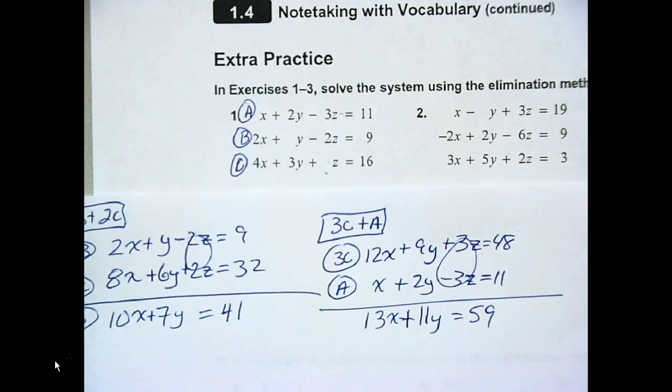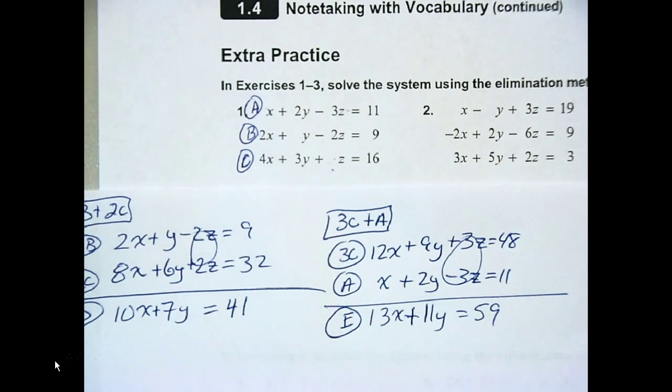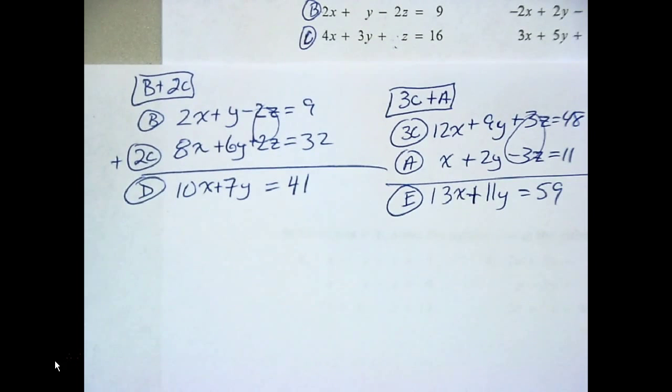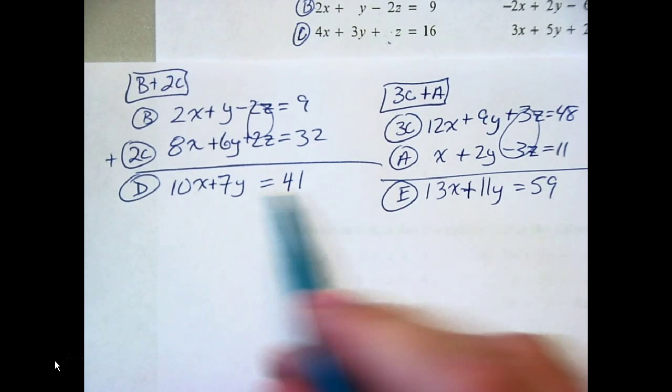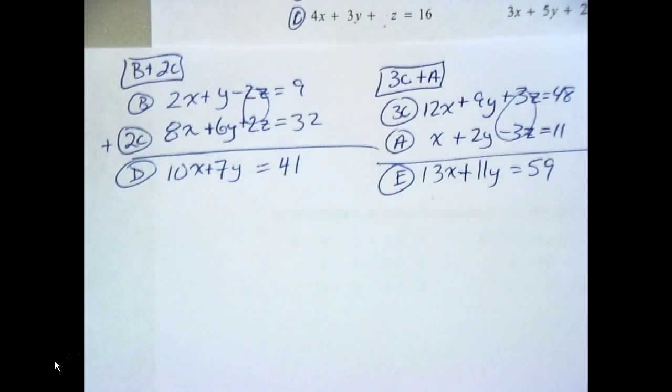Once again, those are pretty ugly, man. This is E. You now have to eliminate something from D and E. What do you want to eliminate? How about x? You at least have a 10 there.